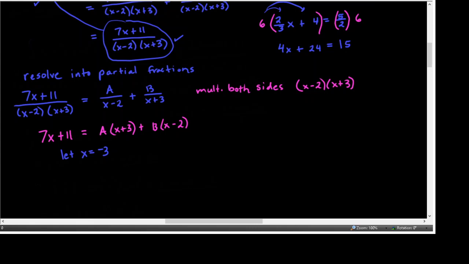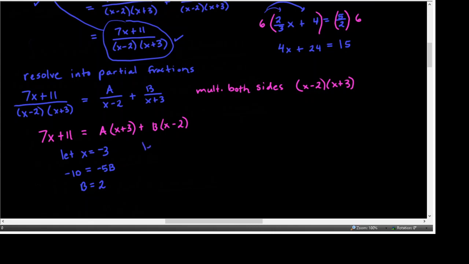So 7 times -3 is -21, plus 11 is -10. -3 plus 3 is 0. A times 0 is 0, so the A is gone. Then -3 minus 2 is -5, so that's going to be -5 times B. And that gives us an equation which we can solve for B. Using division, we get B equals 2.